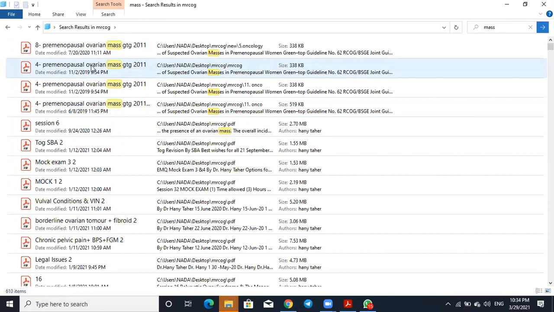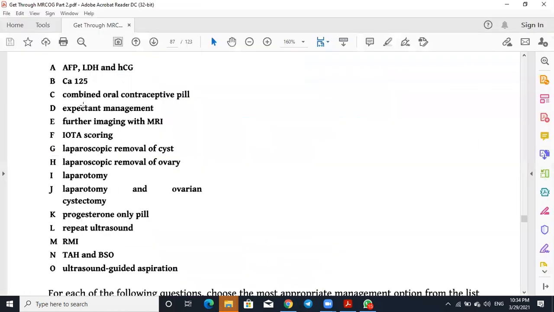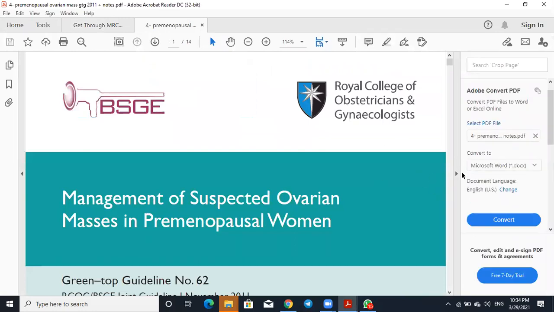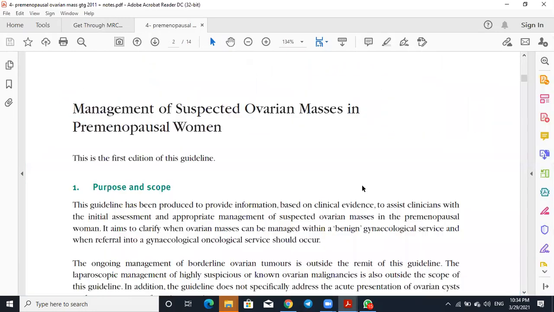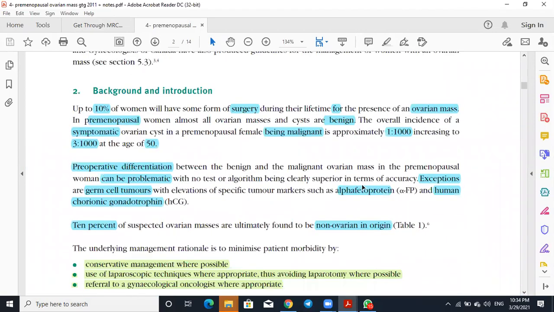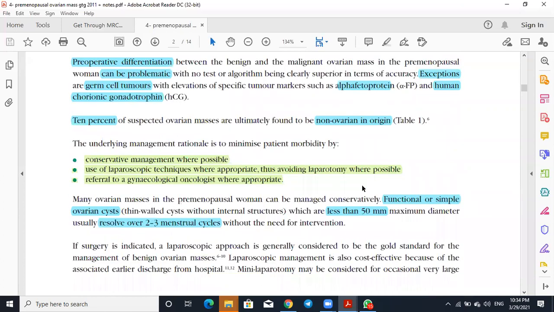This one is the GTG. Yeah, I know. This one is containing my notes. Let me just check it.